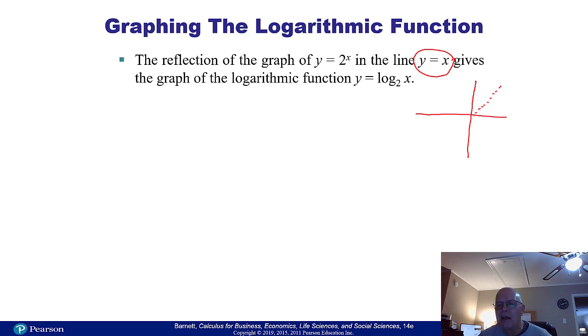This is what y equals x looks like. Y equals x. Now what that says is the reflection. It means if you've got a function that you're graphing over here, see on the right side, that if you put a mirror down at y equals x, you would see a picture of it in the mirror on this side, a reflection of it.